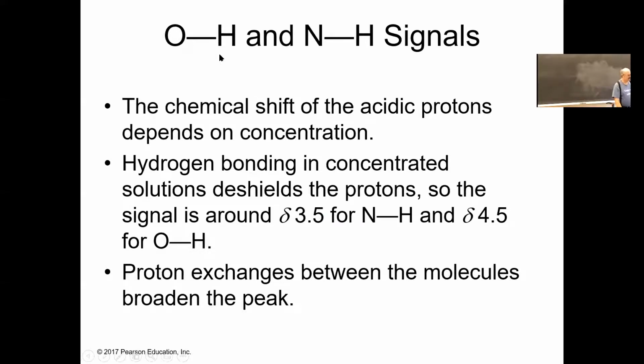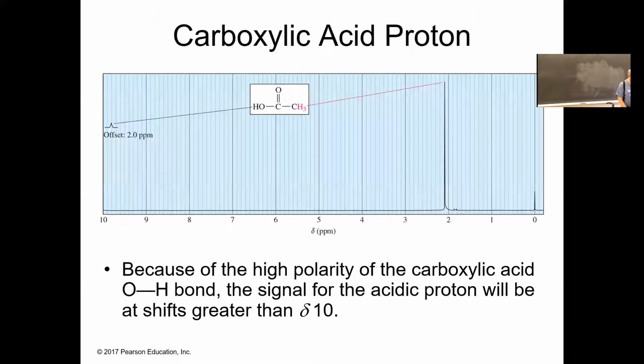Oftentimes, OH and NH signals are not split, and they do not cause splits. Okay, and this is because, this last point, there's rapid exchange between the protons and either the sample or the solvent. And so there's a lot of uncertainty as far as magnetic coupling.